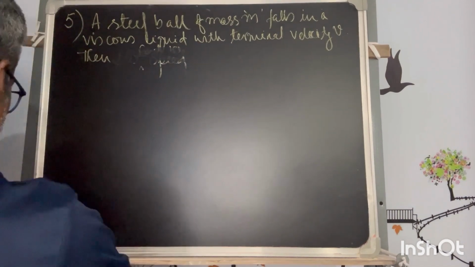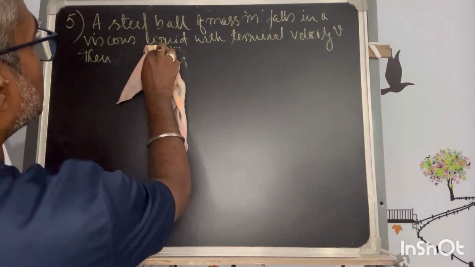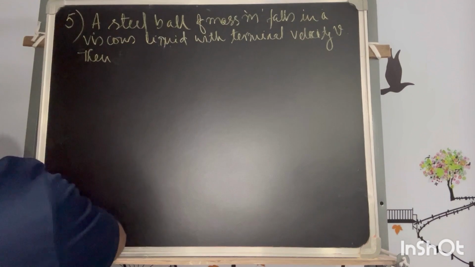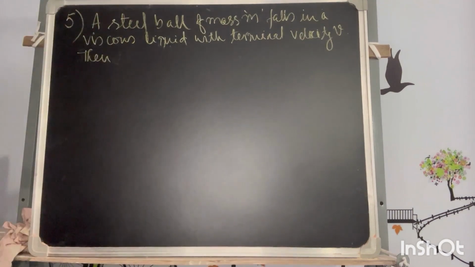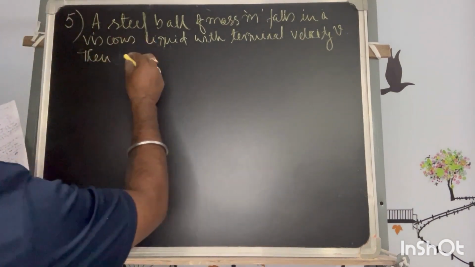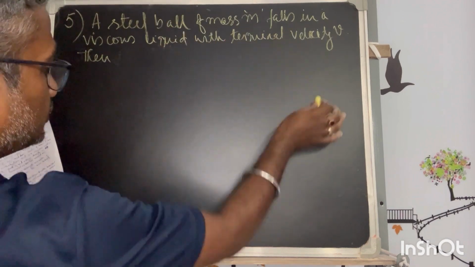Sorry, this language I have to change a bit, because in the actual question the options are given. I am not taking those options; rather I am trying to solve it without any option.